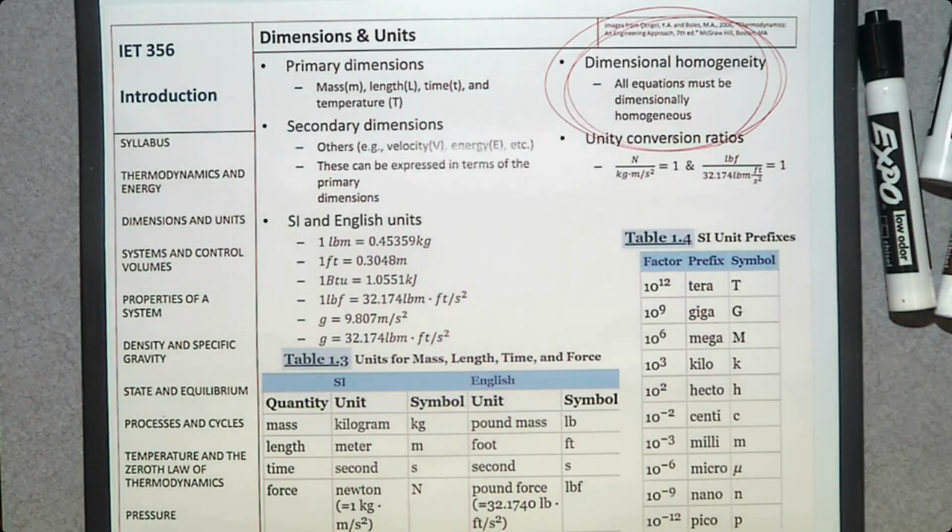So you can use dimensional homogeneity to verify whether your calculation is okay or not. We will study dimensional homogeneity later when we solve some example problems in the PowerPoint, maybe in chapter 2. Okay.